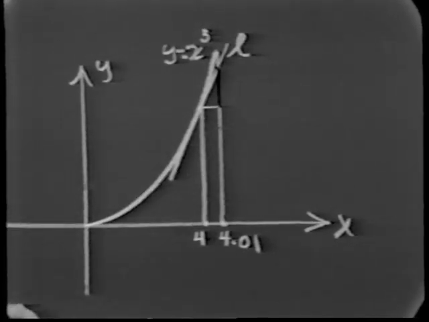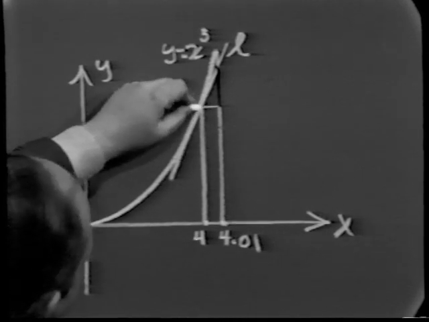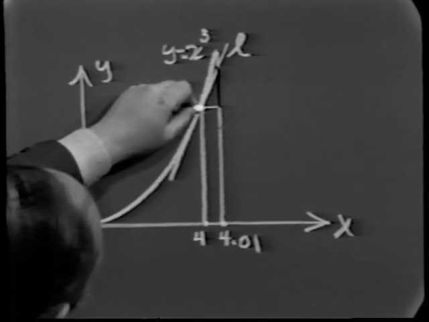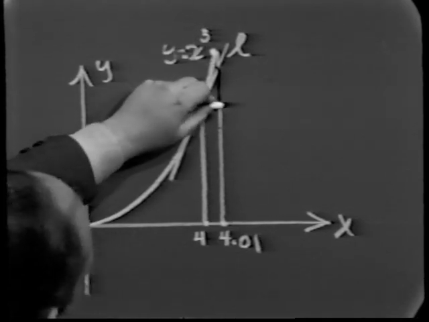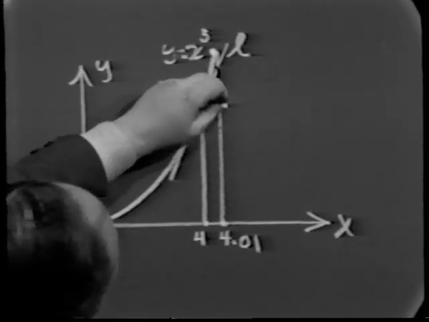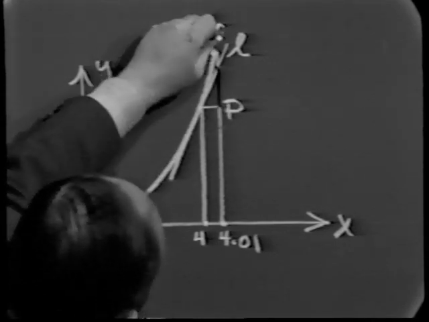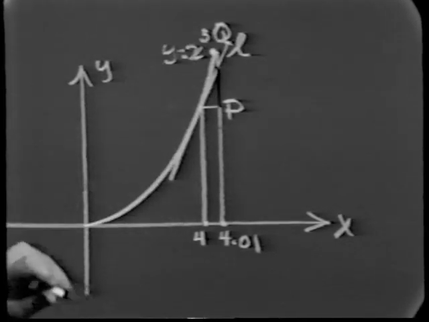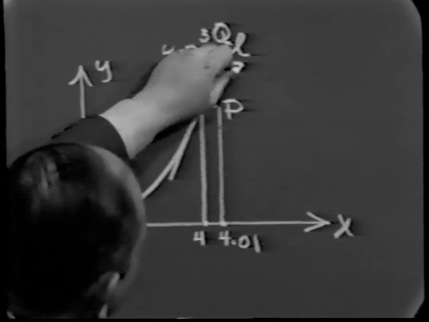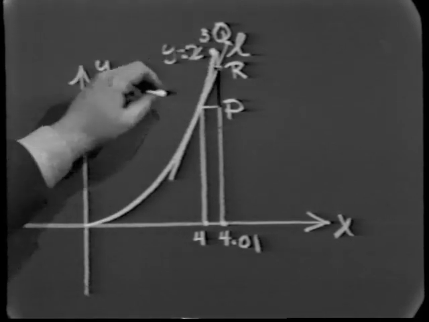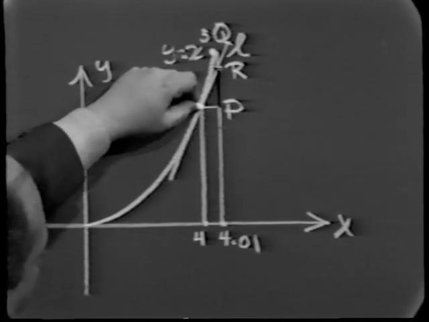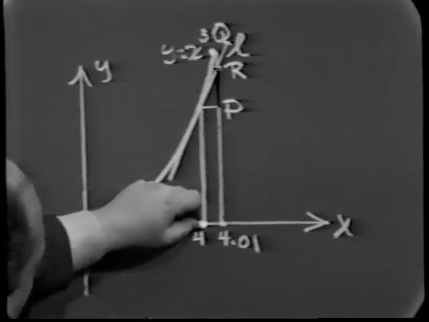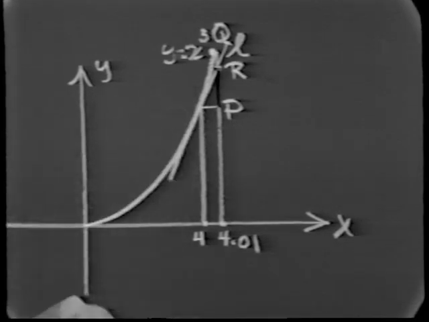What 64.481201 represents is the actual change in height from here to here along the curve. In other words, it would be the length of the segment joining the point P to the point Q here. What I claim is that if I instead try to find the length of PR, the change in y not along the curve, but along the line tangent to the curve at the point 4, 64, this is what I can find fairly rapidly.